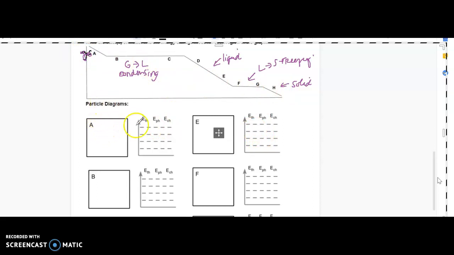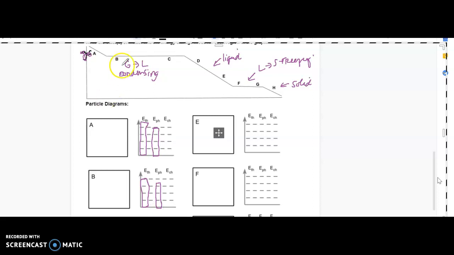So at A, you'll start with probably above boiling, so I would make it more than 4, and it's a full gas. By the time it gets to B, it's a little lower temperature, so it's more at the boiling point now, and it's not a full gas. Some of it is turning to liquid now, so it's going to be a little bit less.